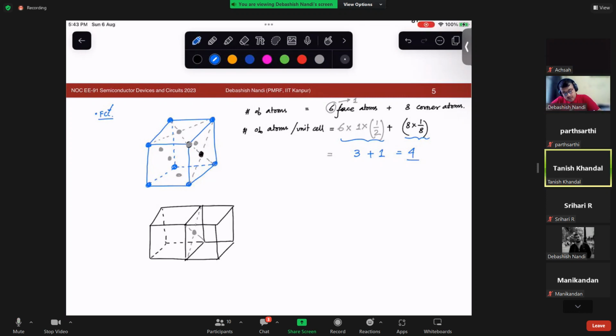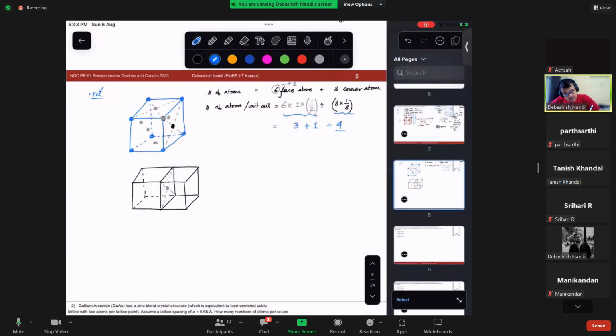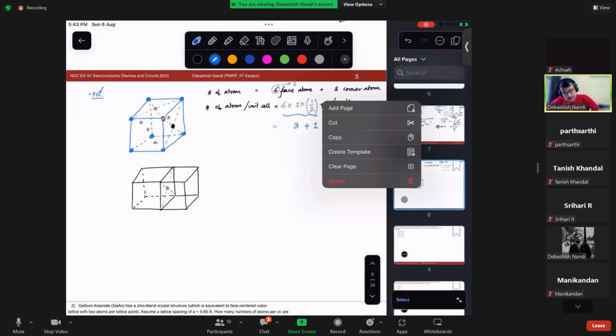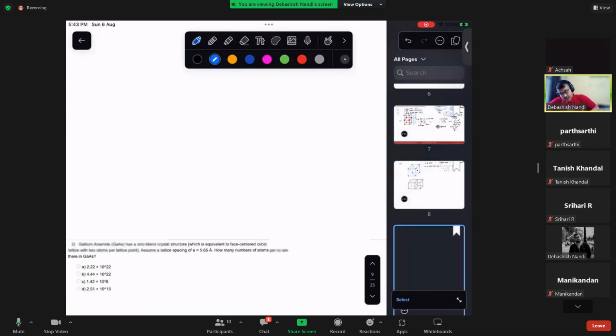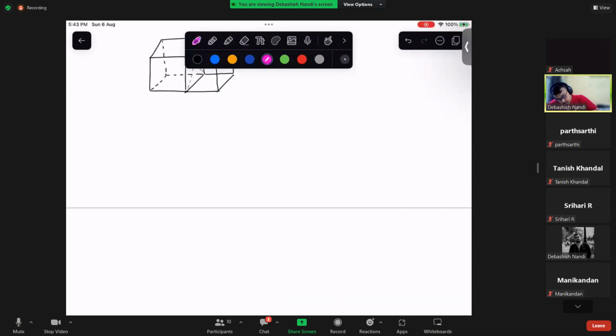Okay, so now let's move on to the third kind, the body centered one. What is a body diagonal in a cube and how many body diagonals are there? Can anyone tell me?